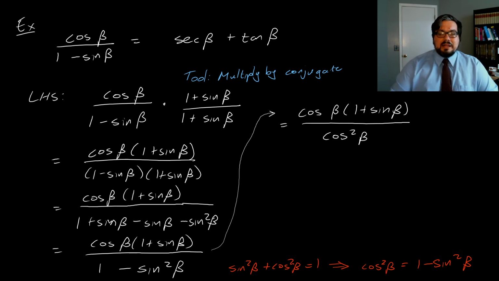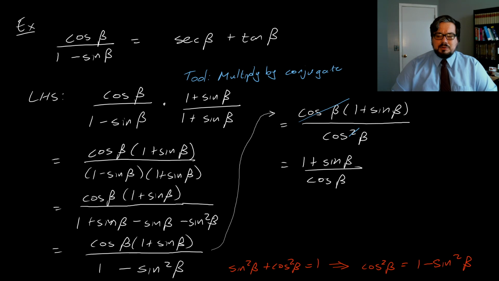So from here, we can cancel cosines. We have a single cosine in the numerator, which cancels with one of the cosines in the denominator. So we're left with 1 plus sine beta over cosine beta. Now, at this point, we can look up again at our right-hand side. We see that we're going for secant of beta plus tangent of beta.